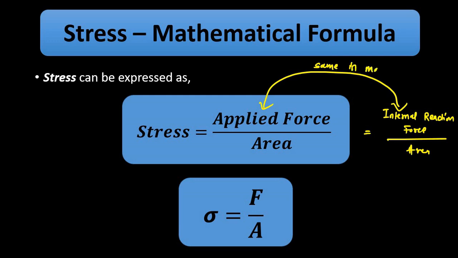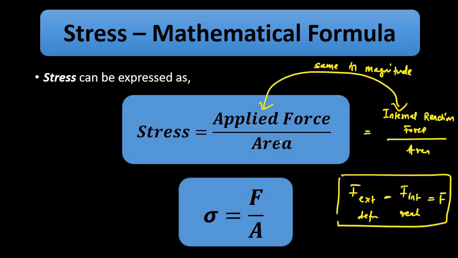That's why they are used interchangeably, but their direction is opposite. The external deforming force and the internal reaction force are the same in terms of magnitude. So this is the formula of stress, force by area.